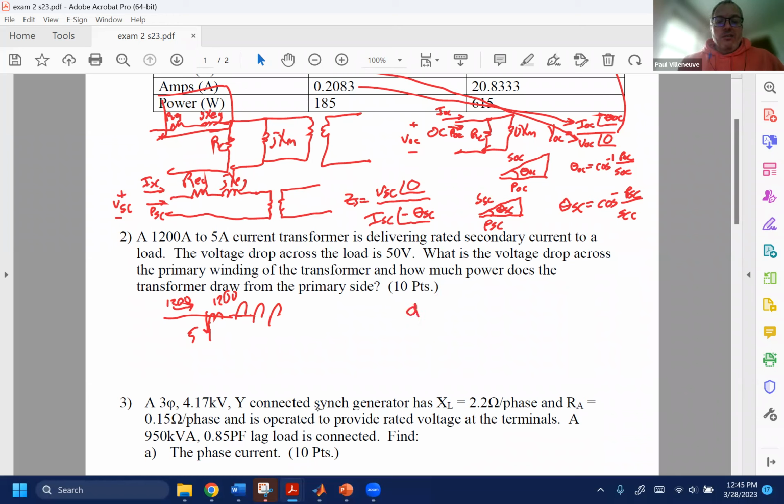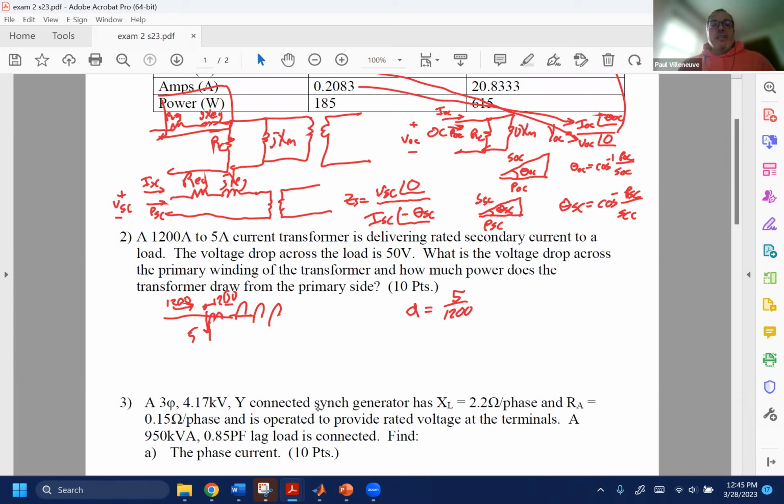So the turns ratio here is equal to 5 over 1200. The reason it's not 1200 over 5 is that it steps the current down from 1200 to 5, but that's the inverse of the actual turns ratio, which would be stepping the voltage up to a higher level. So this steps the voltage up by this ratio, but that's okay because the voltage drop across this transformer is going to be very, very small.